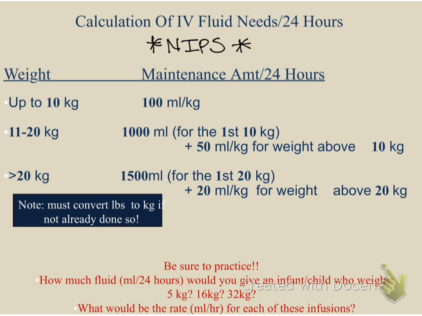But I still have kilograms left, so I still need to go to my next step. For those last 6 kilograms, I'm going to be doing what? Times 20. Okay? So what is that? 120 mLs.